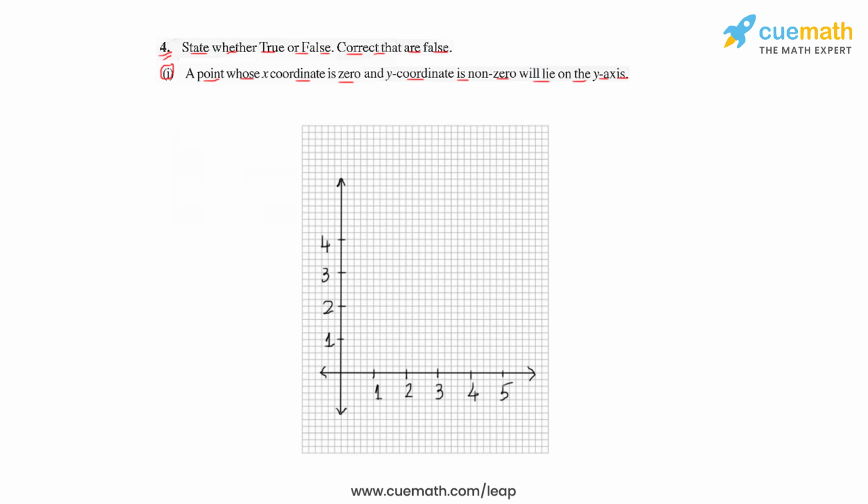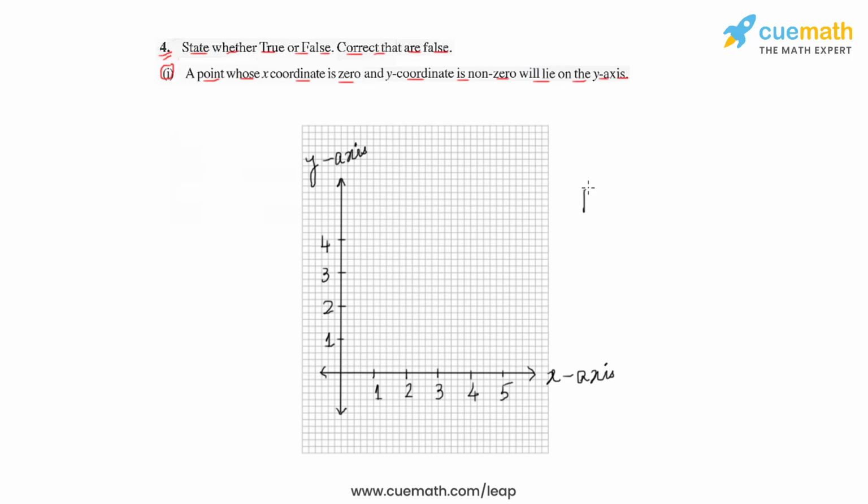Now to understand this statement, let us consider a graphical sheet where this is the x-axis and this is the y-axis. So let us consider any non-zero value on the y-axis.